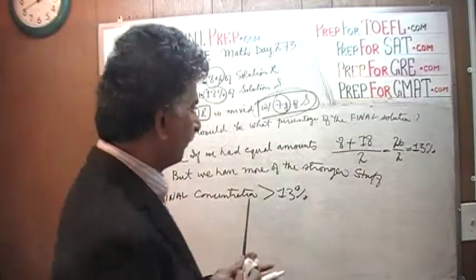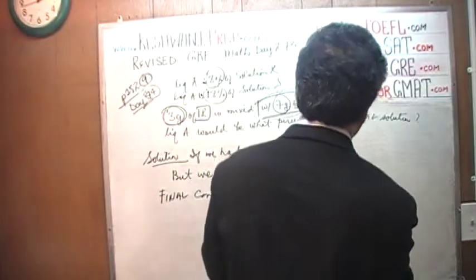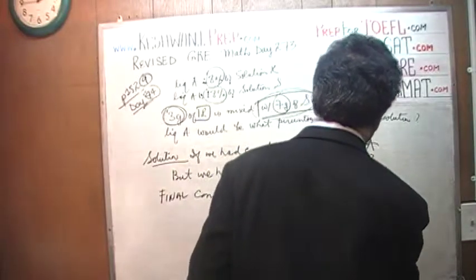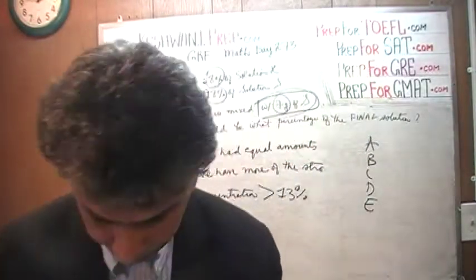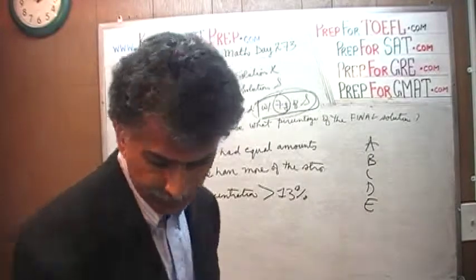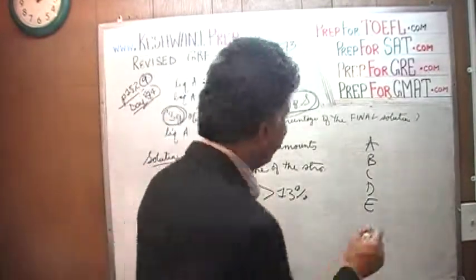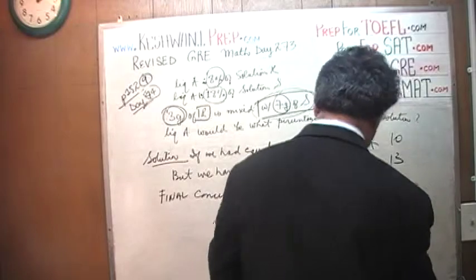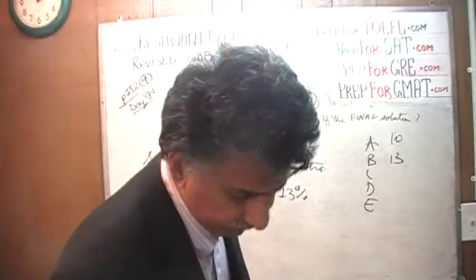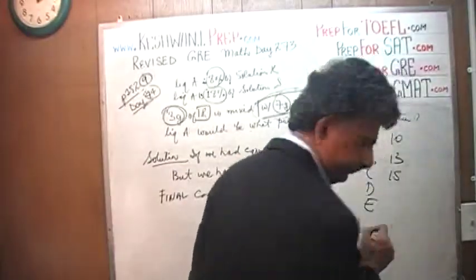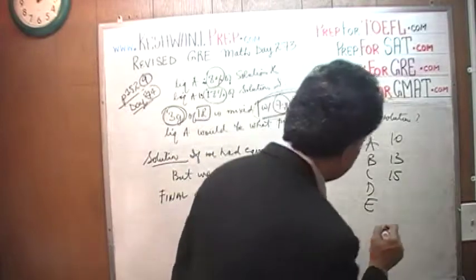Let's see what we can get rid of. The answer choices that they give us are 10, 13, 15, 19 and 26.